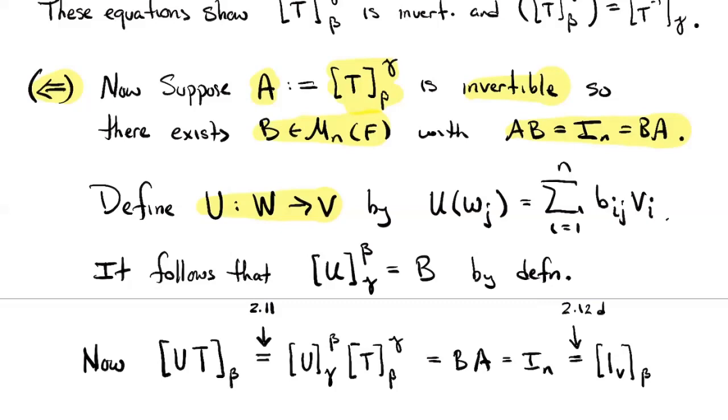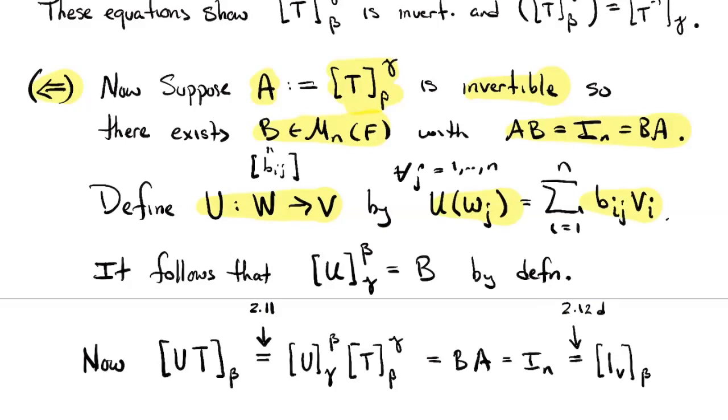For every j from 1 to n, I'm just going to define U of Wj to be this linear combination of the V's. And what are those Bij's? Well, they're the entries of the matrix B. So I'm consistently using that same kind of notation.